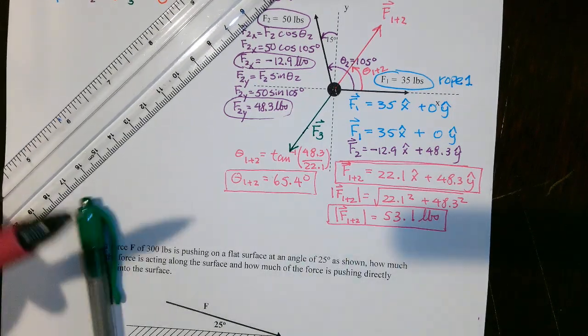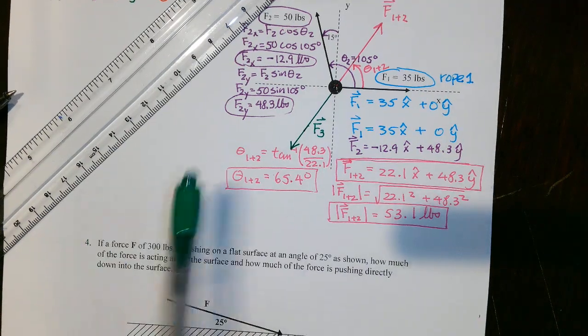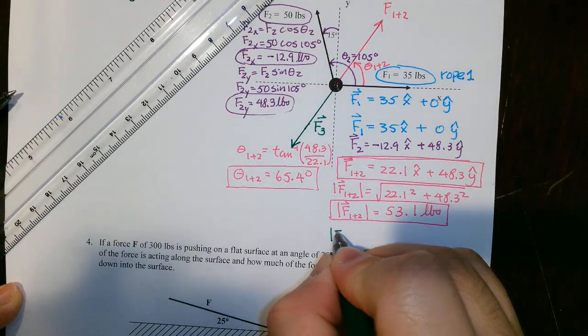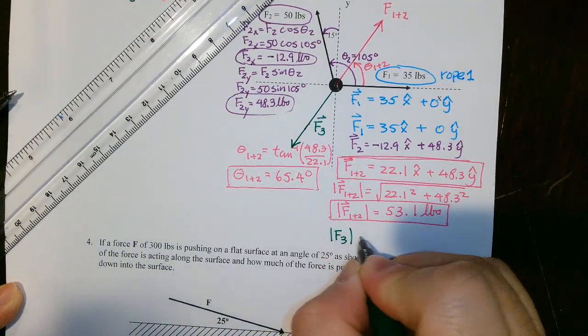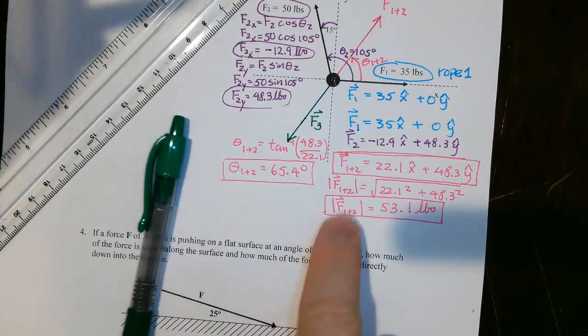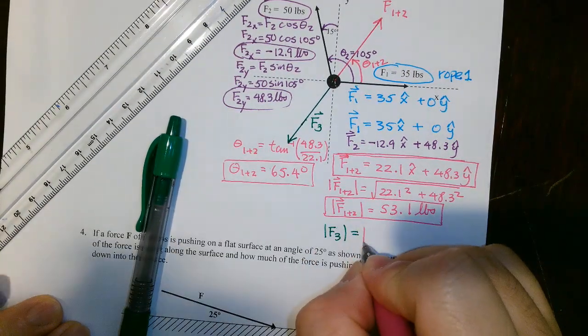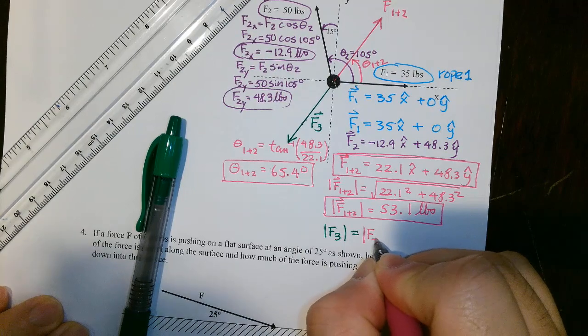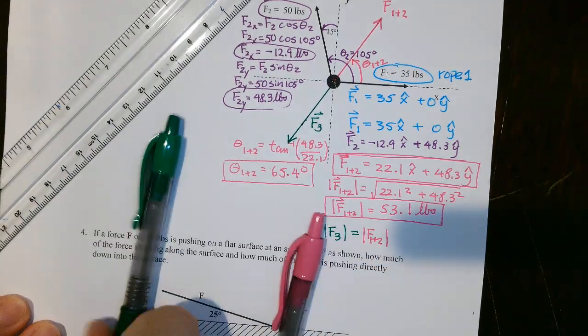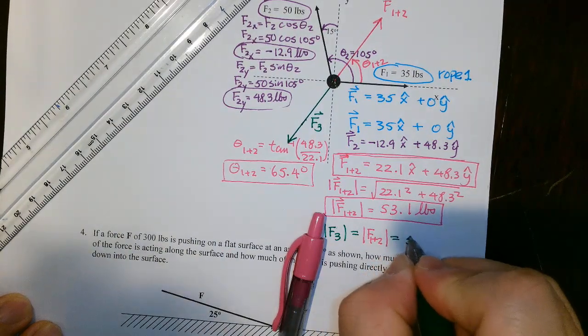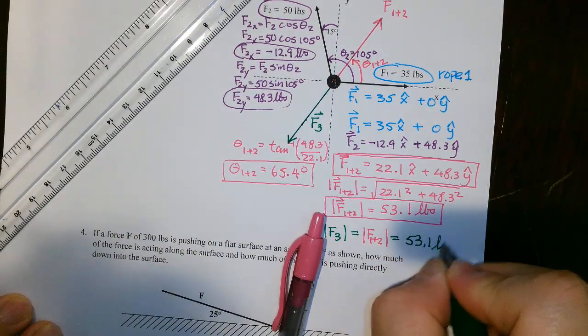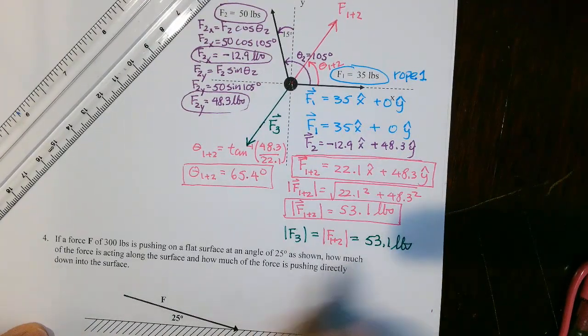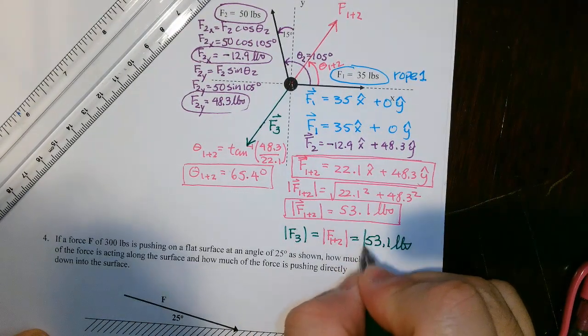My magnitude of F3 should be exactly the same as my magnitude of F1 plus 2, which is equal to 53.1 pounds. Okay, so that's done.